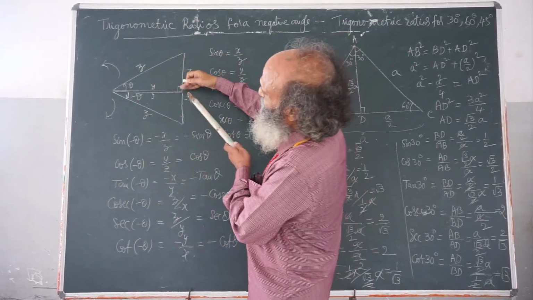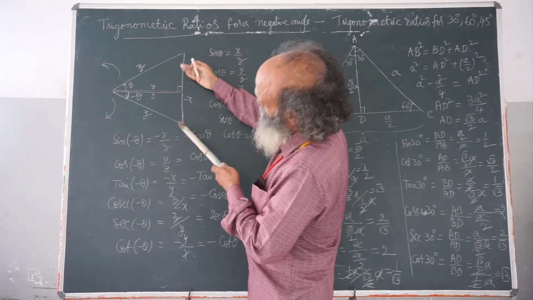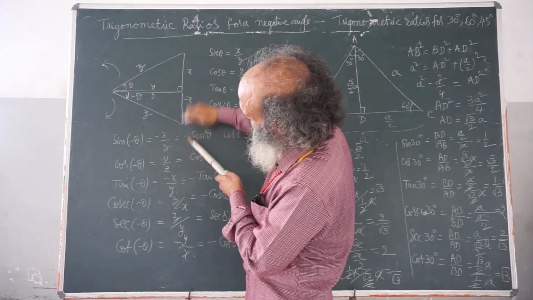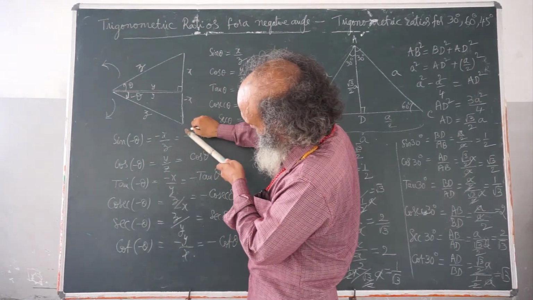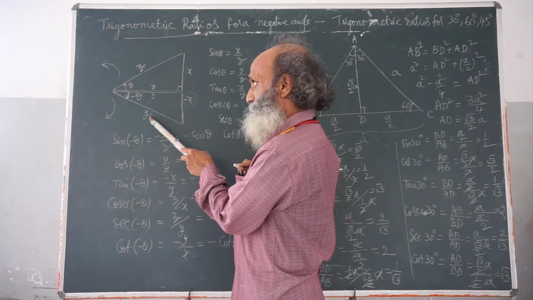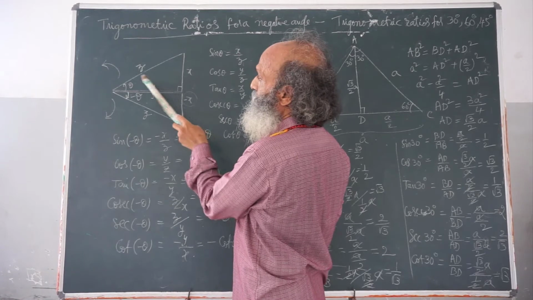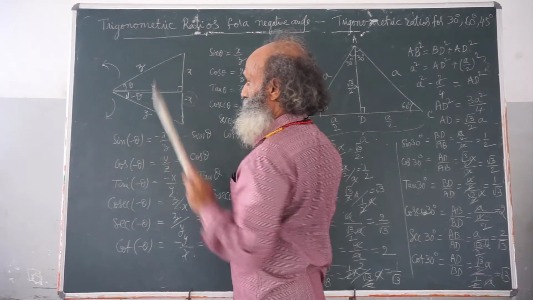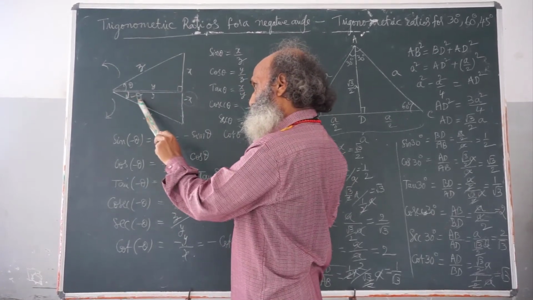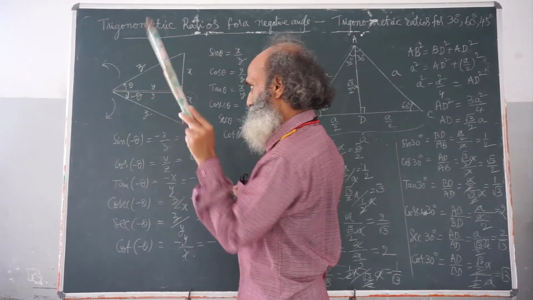Now, x in the upward direction is x. Because the triangle is turned this side, this length becomes downward. Therefore, we consider this as minus x. So, for this triangle, for theta, we have the sides x, y, z. For this angle minus theta, the sides of the triangle are minus x, y, z.